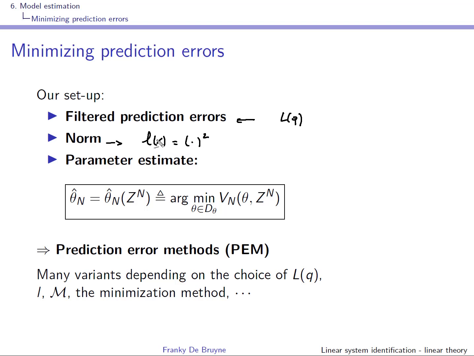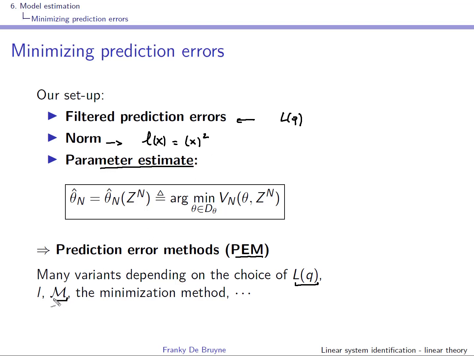So l(x) is x squared, and then, as I said, you can obtain a parameter estimate, and this is prediction error identification, right? So there are many variants. As I said, you can play with the filter, you can play with the norm, but in practice you will always take the function squared.